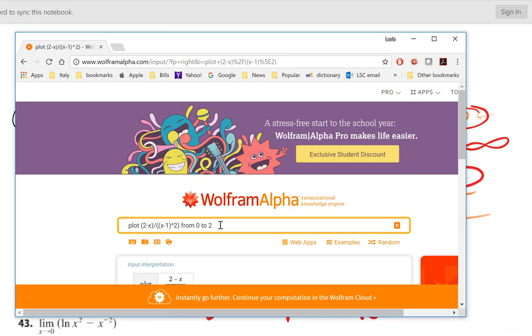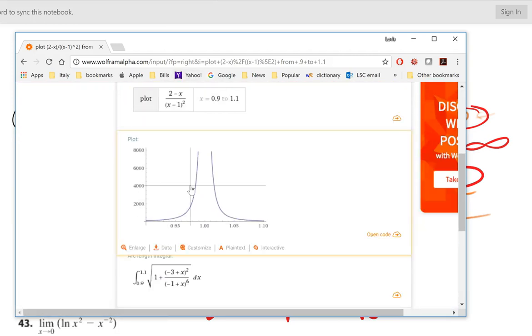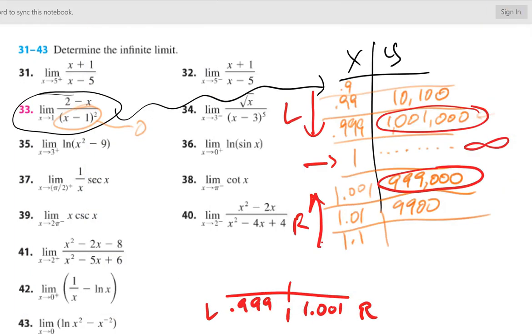You can make it even closer, from 0.9 to 1.1, and see what that is. It might even be better. Let's see. It's about the same. So there you have it. Let's move on to another problem.